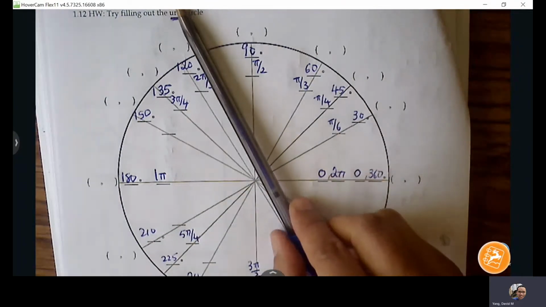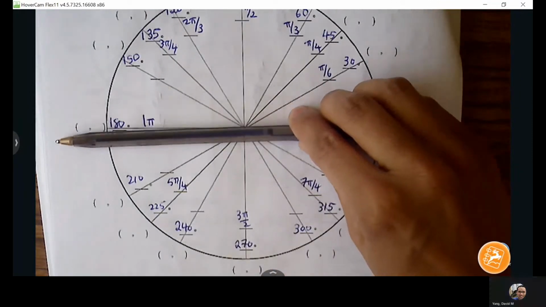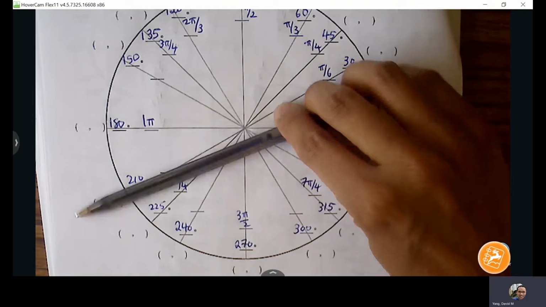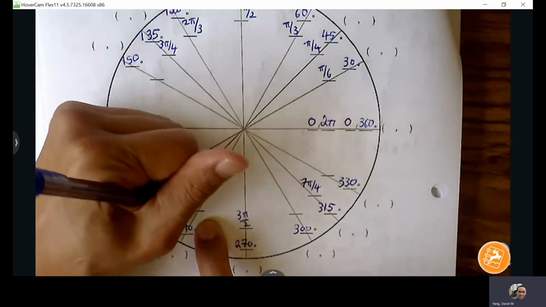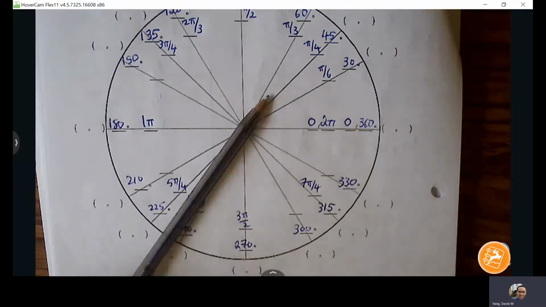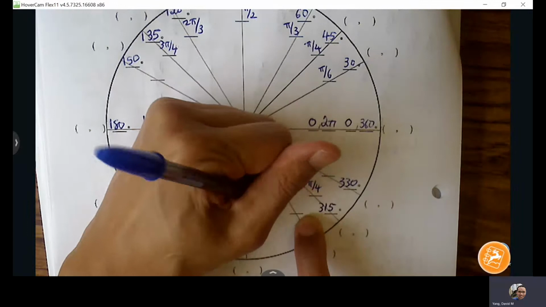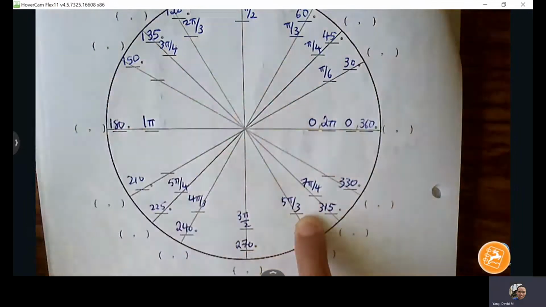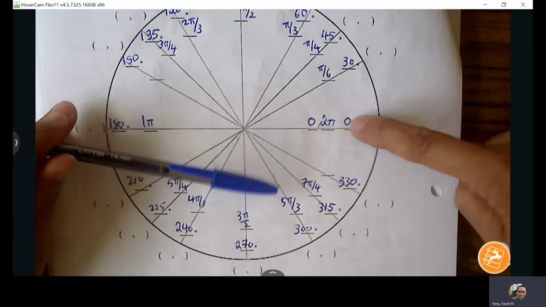Okay, 2/3 plus 1/3 is 3/3, a duplicate. 3/3 plus 1/3 is 4/3. So 4/3, 4 pi over 3. 4/3 plus 1/3, 5/3 over here. 5/3 plus 1/3 is 6/3, we're back to 2.